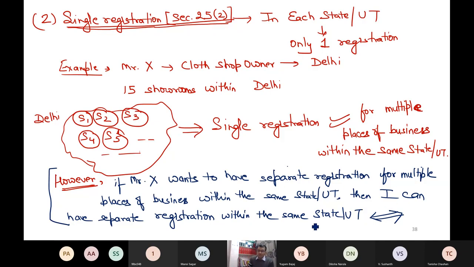but subject to some conditions to be fulfilled. I hope the point is clear. So what are those conditions?